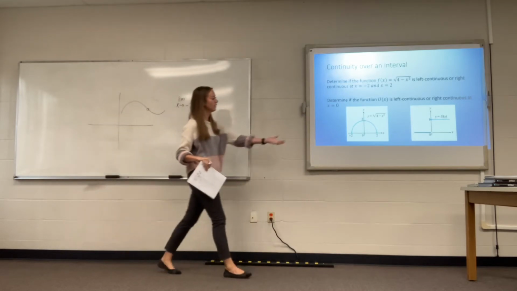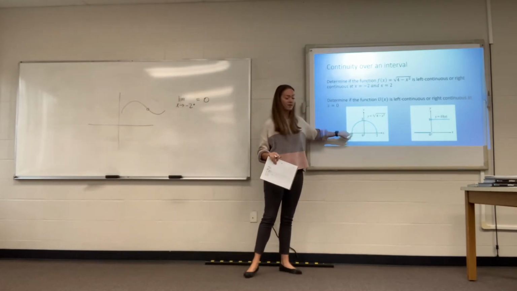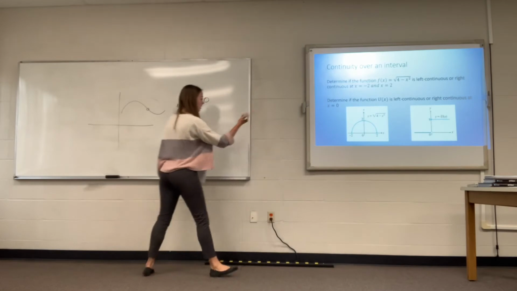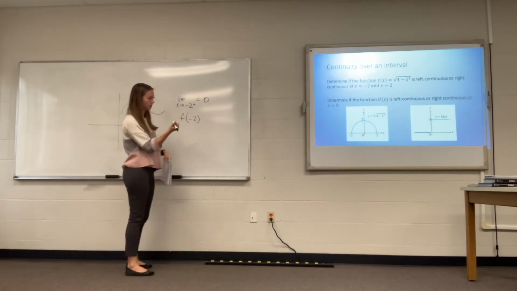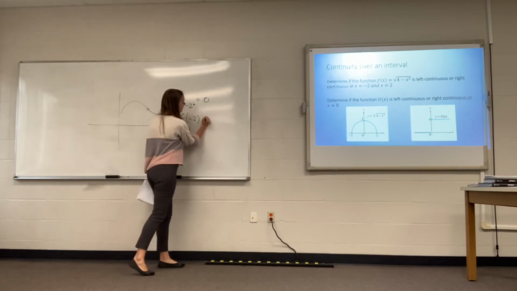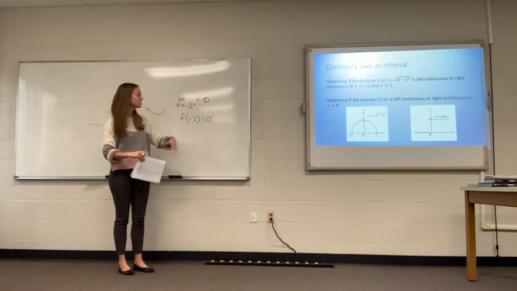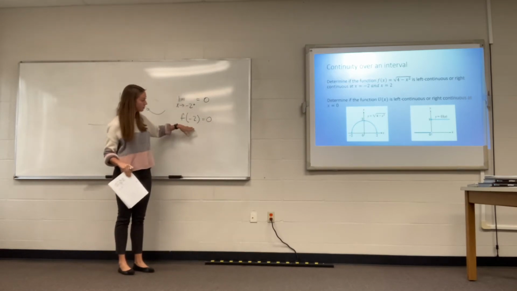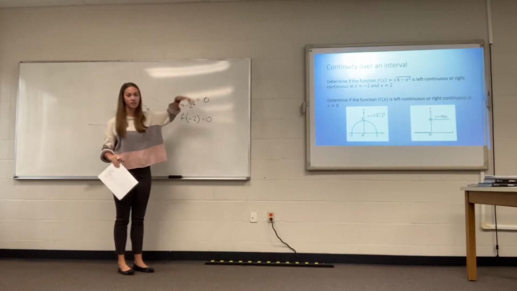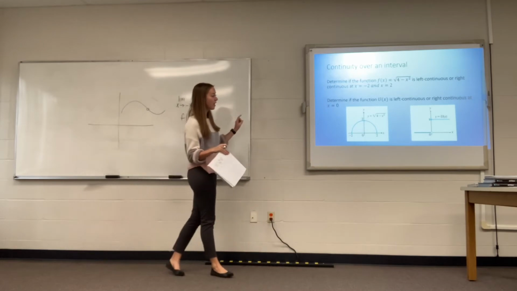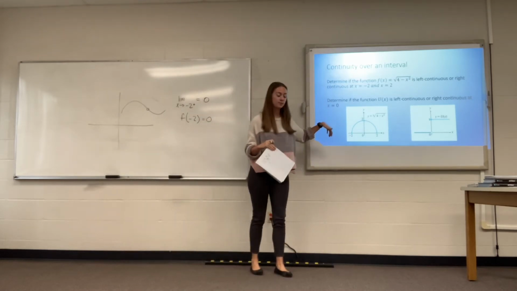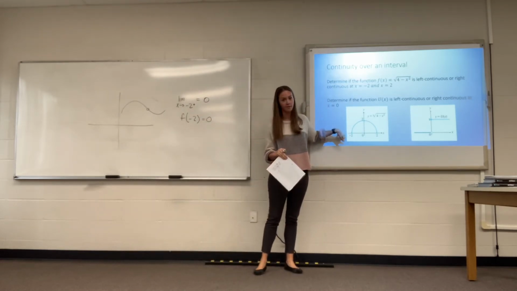So my limit here is 0, and my function value as well: if I plug -2 into my equation, I would end up getting 0. Because those are the same, the function value and the limit, I know that I have continuity, but only from the right side because I don't have anything over here on the left.